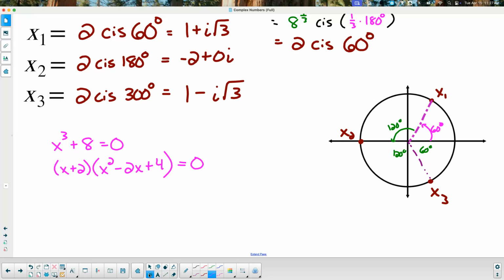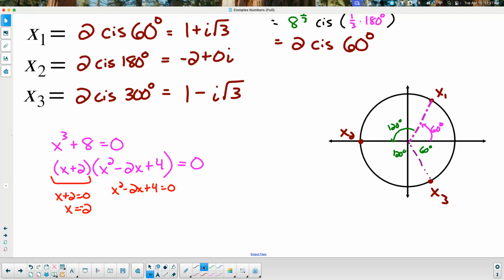And what you learned back in Algebra 2 was that this one you can set equal to 0. This one you can set equal to 0, but this trinomial is not factorable.